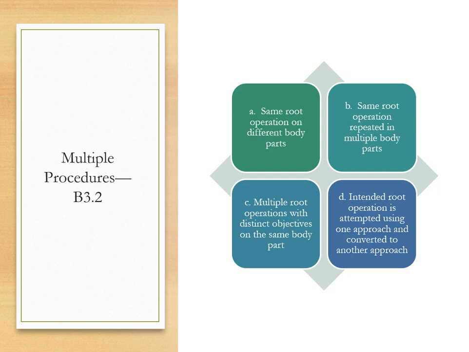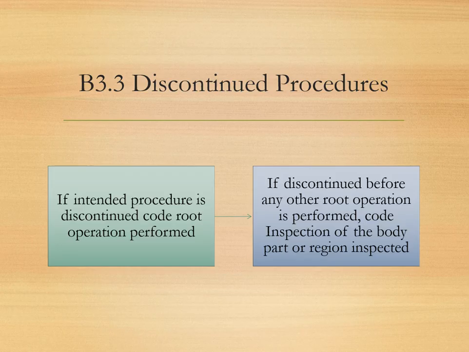All right. Next up, guideline B3.3 speaks about discontinued procedures. If the intended procedure is discontinued or not otherwise completed, you're going to code the procedure to whatever root operation is performed.